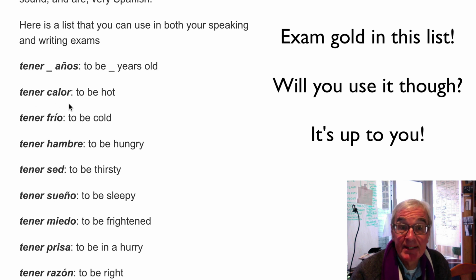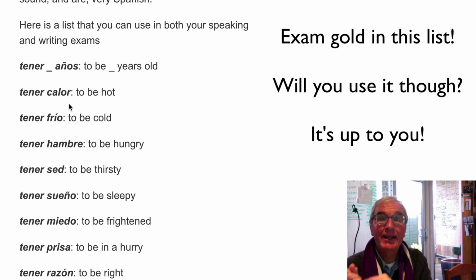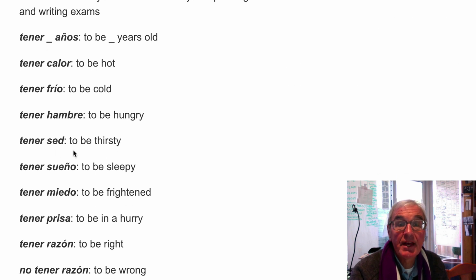Tener calor, to be hot. So I am hot, tengo calor. Tener frío, to be cold. I am cold, tengo frío. Tener hambre, to be hungry. I am hungry, tengo hambre. Tener sed, to be thirsty. Tengo sed, I am thirsty.